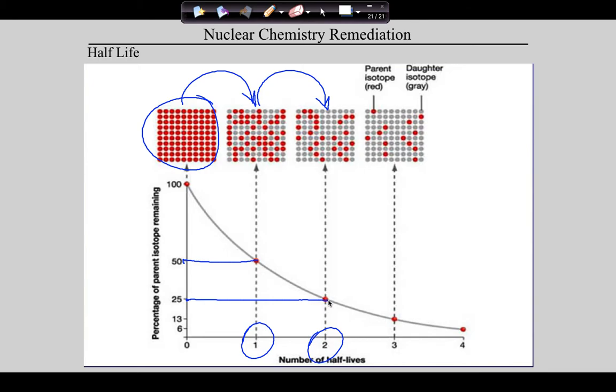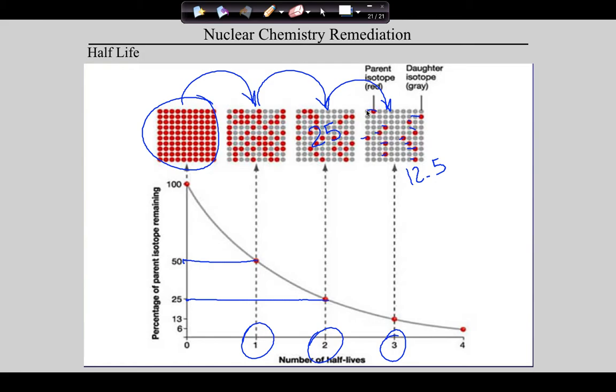Then after another half-life, if we have 25 here, we'll then cut that in half again, going down to 3 half-lives, and that actually leaves us with 12.5 red circles. Unfortunately, they drew 13. It should actually be 12 and a half because it would be another half of a half.